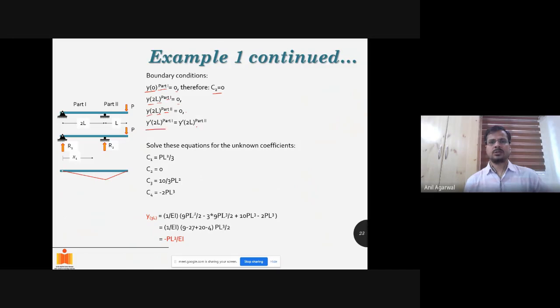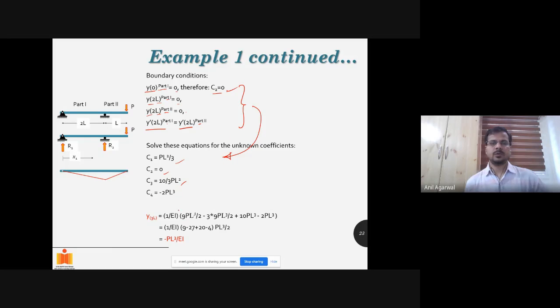The fourth equation is y prime at 2L from part 1 is equal to y prime at 2L from part 2. So likewise, I get 4 equations. These 4 equations will automatically give me the values of C1; C2 I already solved. C2 was 0, and then you can get the values of C1, C3, and C4 by solving these 4 equations.